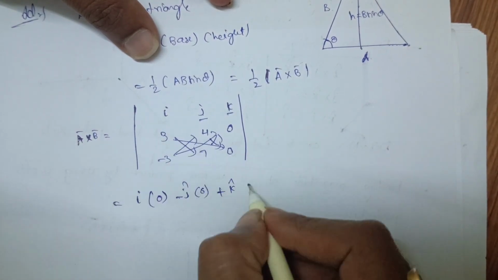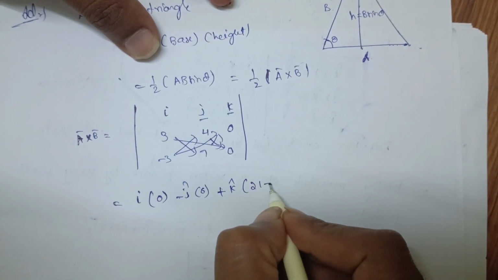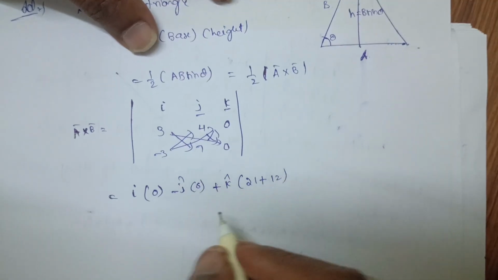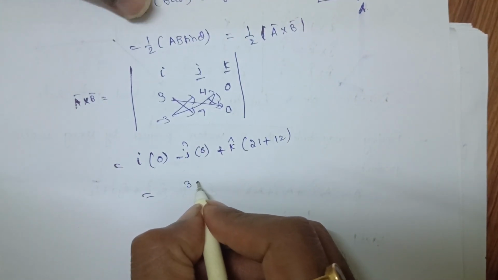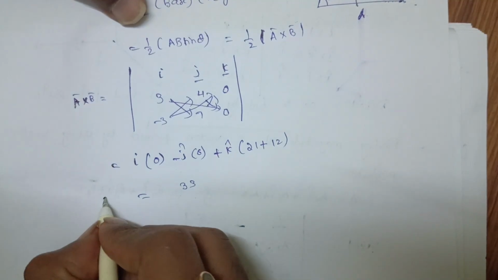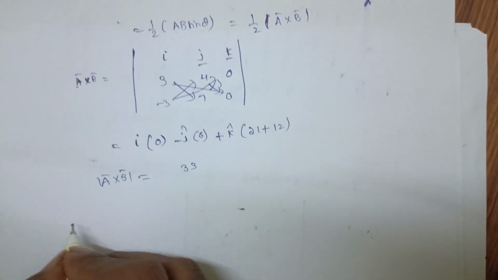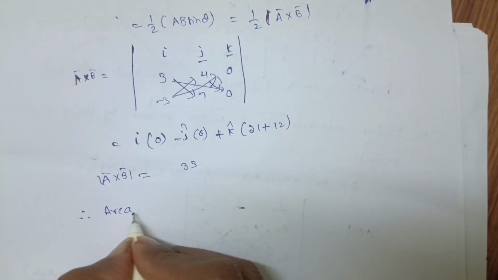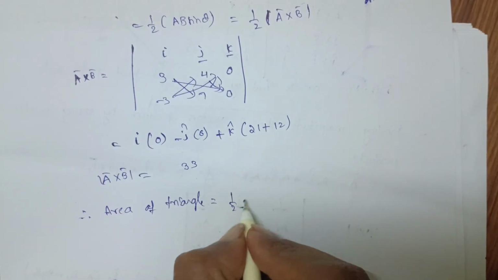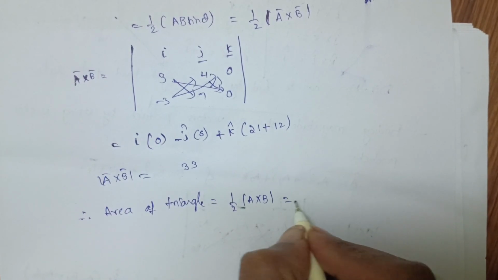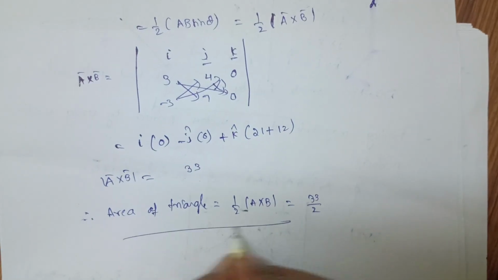So these two cross product is 21 minus of minus 12, which is equal to 33, the a cross b value. Therefore, the area of the triangle is equal to half into a cross b, which is equal to 33 by 2 units.